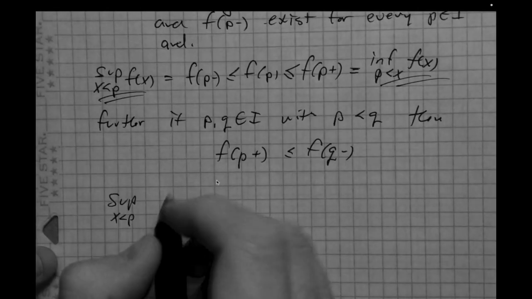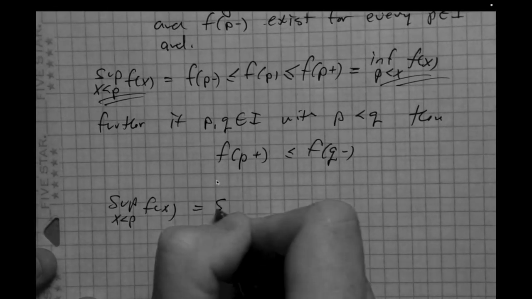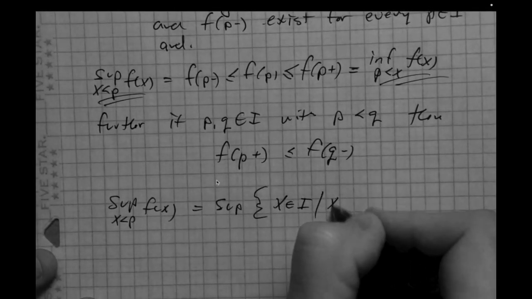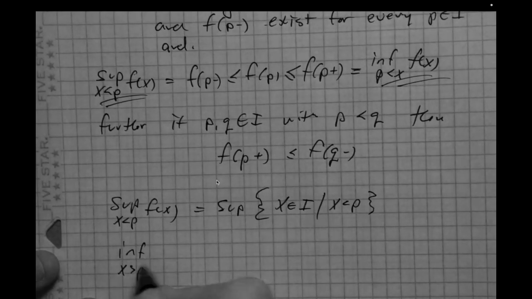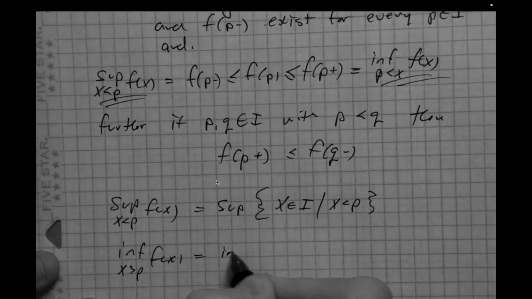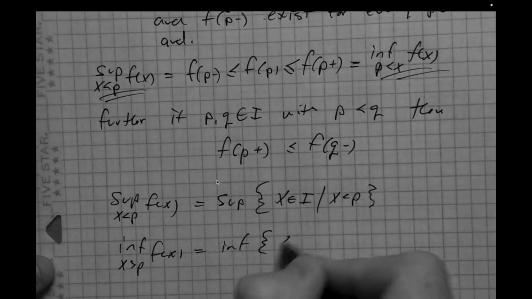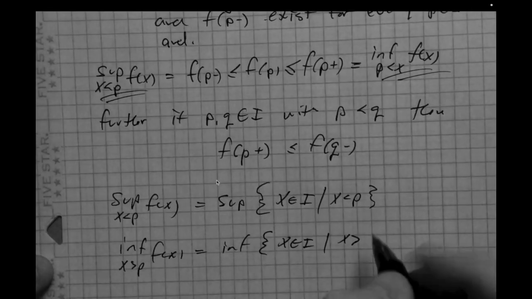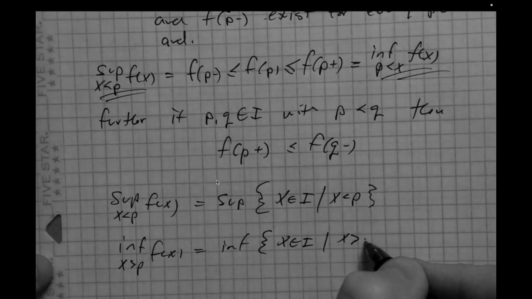That's the supremum of the set, well, x is in I, the interval, and x is less than p. And the infimum x greater than p, that's equal to the infimum of that set. Okay, so it'd be x in I such that x is greater than p.